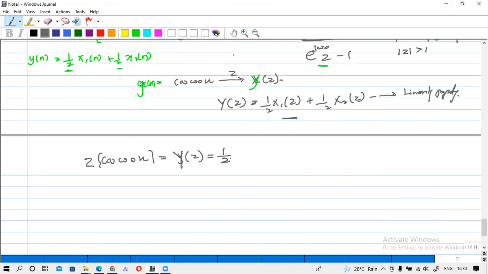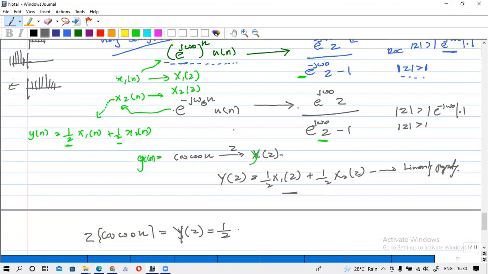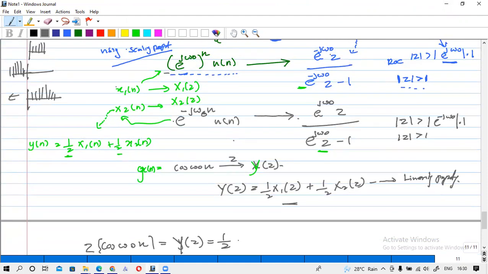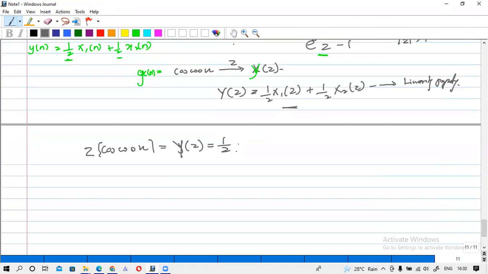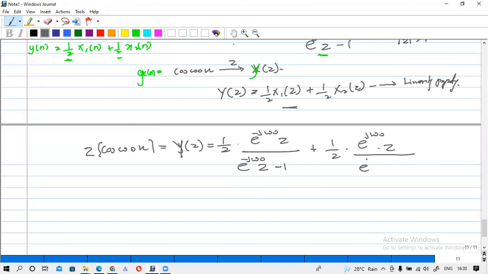I get half of e to the power minus j omega naught z divided by e to the power minus j omega naught z minus 1, plus half of e to the power plus j omega naught z divided by e to the power j omega naught z minus 1.